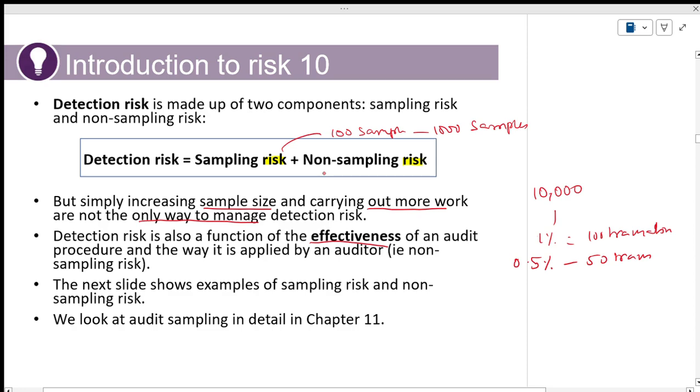What will they do? They will focus mostly on sampling. Either you are doing a wrong sampling or you are not doing it the right way, both are the same.